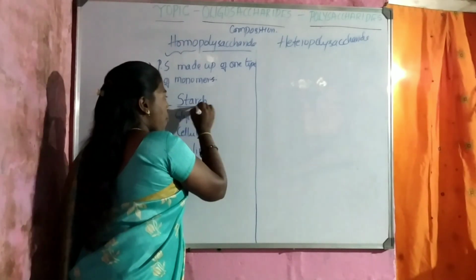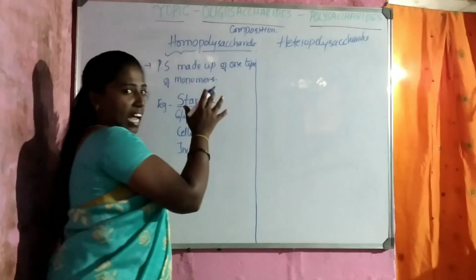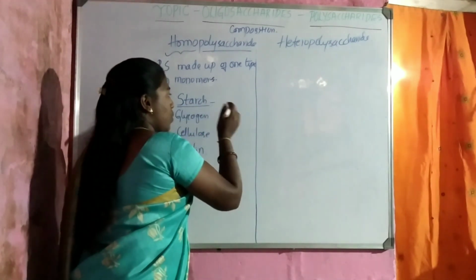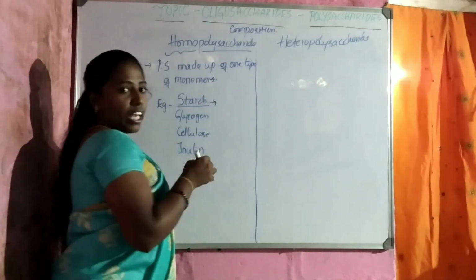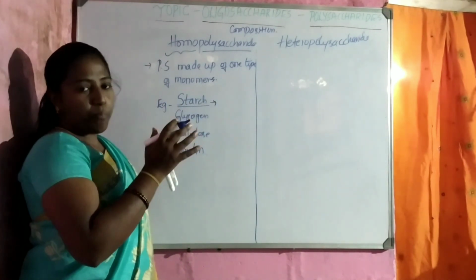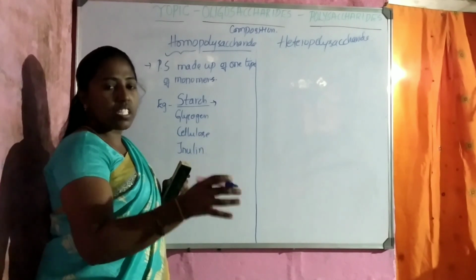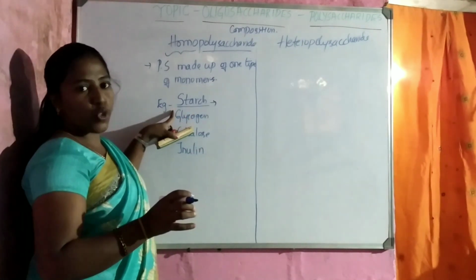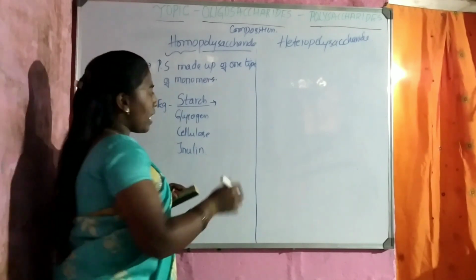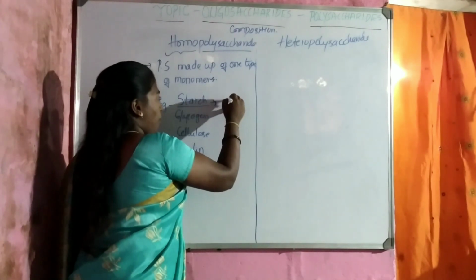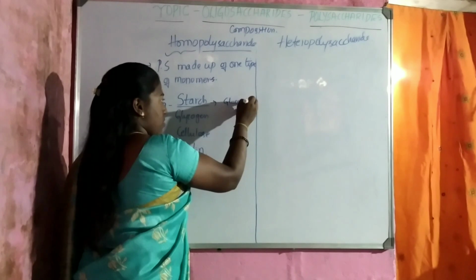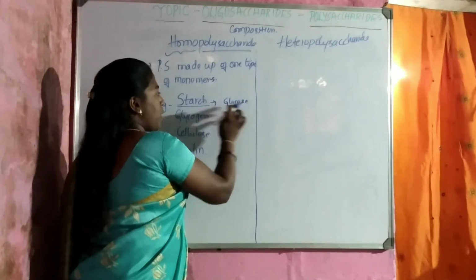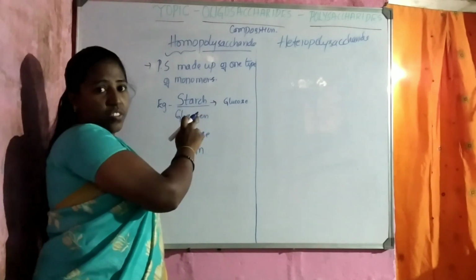Starch is a polysaccharide, a large unit, made up of glucose. Many glucose joined with one another result in the formation of starch. So glucose is the monomer of starch.